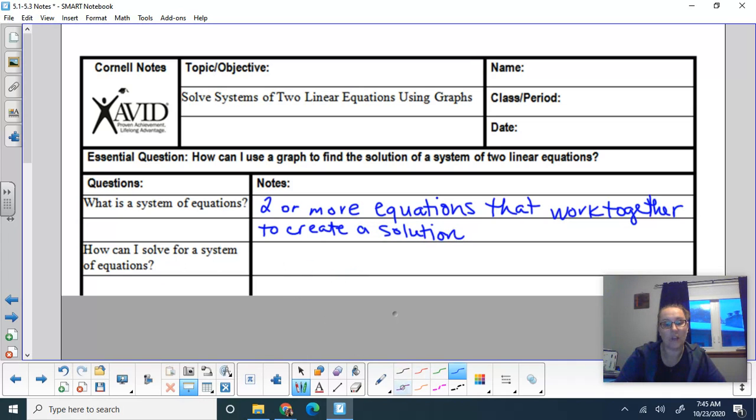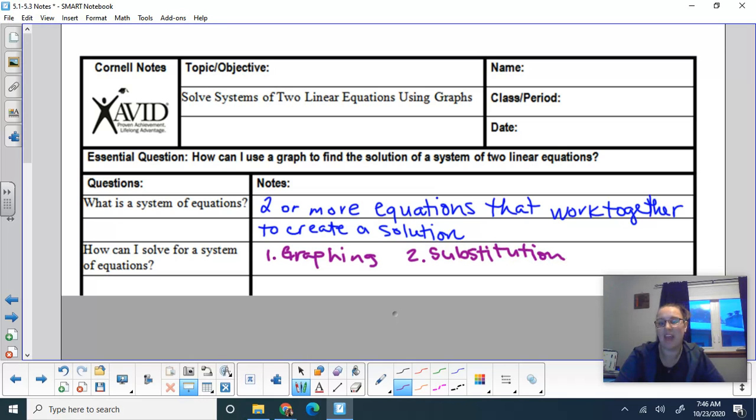All right, next up. How can we solve a system of equations? Well, there's actually three ways we're going to learn about over the next bit of time. The first is the one we're going to talk about today, which is graphing. You can find a solution to a system by graphing. The second method we use is called substitution. Think about a substitute teacher.